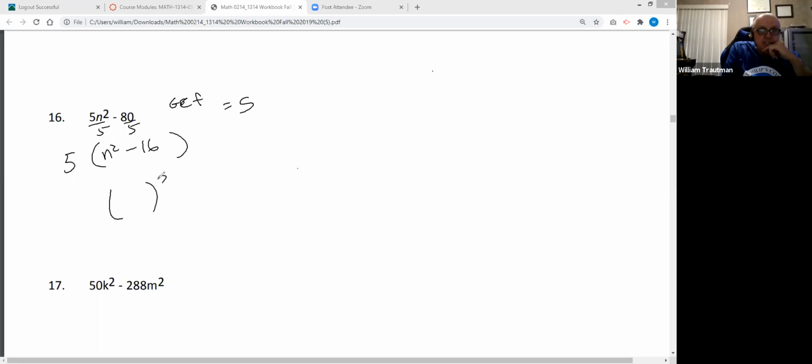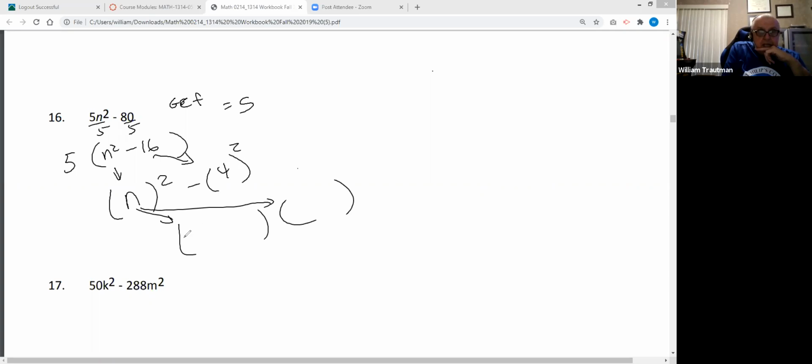And yes, there's a minus between it. So I put an n here and I put a 4 here. 4 squared is 16. So this factors out to n plus 4, n minus 4, one plus, one minus. Don't forget, this 5 is part of our answer.